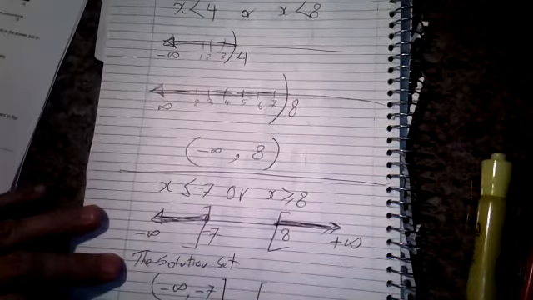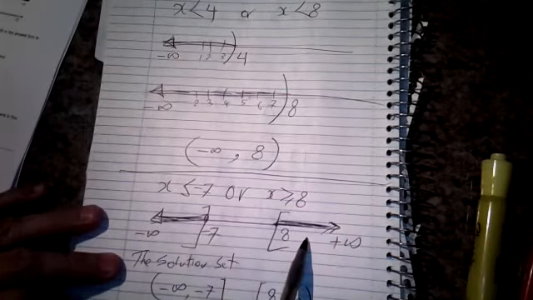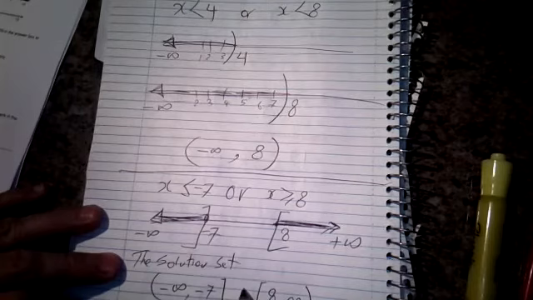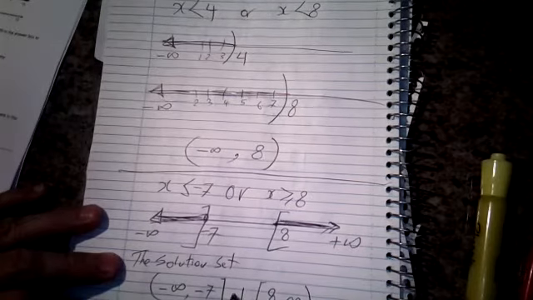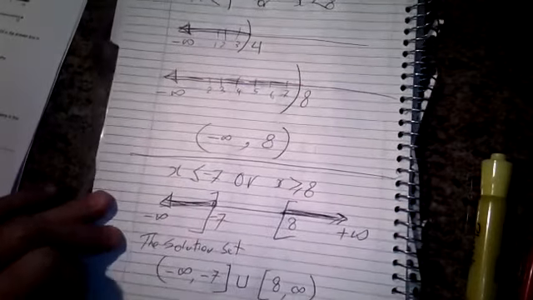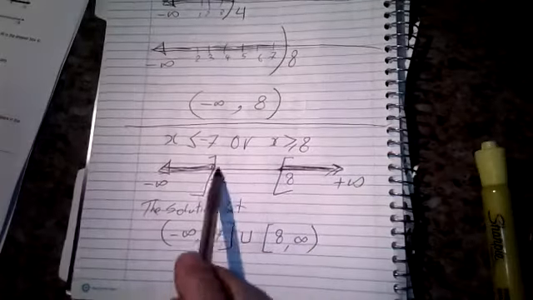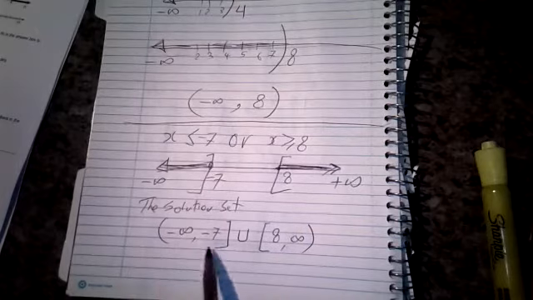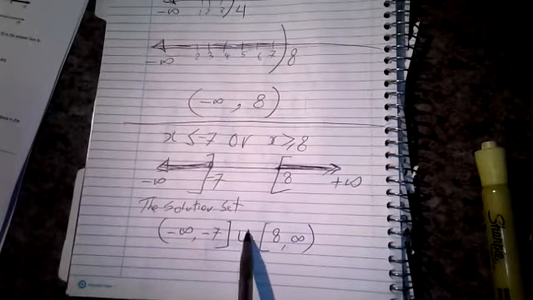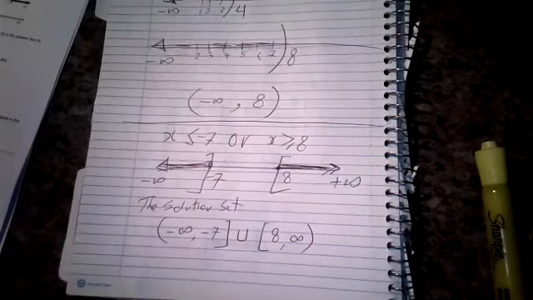The other one is 8 to infinity, or positive infinity, right? Now, when there are two separate pieces like this, for you to connect them when you write the final answer, you've got to put the symbol of union.